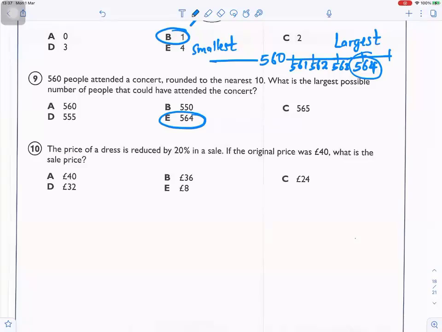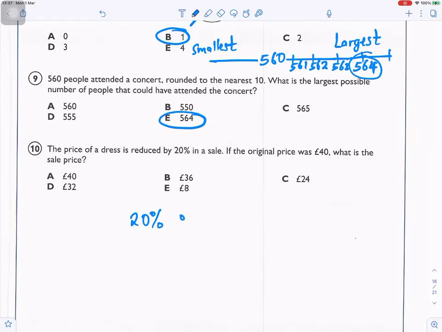Question number 10. The price of a dress is reduced by 20% in a sale. If the original price was £40, what is the sale price? So you reduce the original price by 20%.